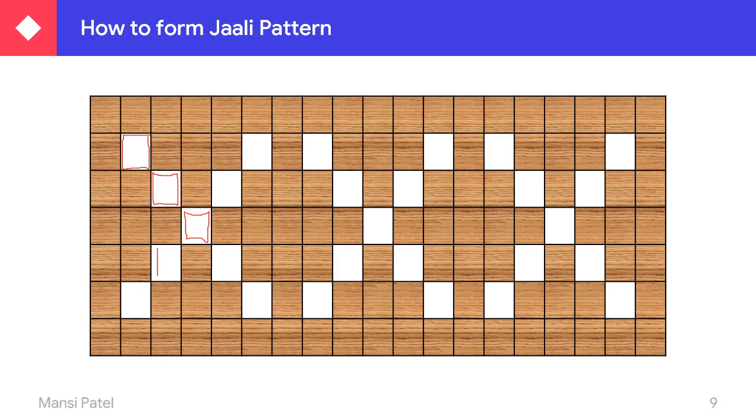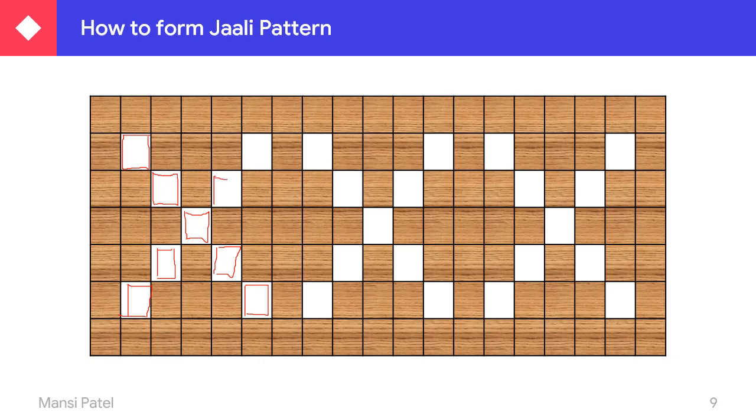Whatever design you have to make in Jaali pattern, you can draw. But first you have to remember that you first have to make the temporary shape. After making the temporary shape for any of the brick, for any of the patterns, you have to just color it.